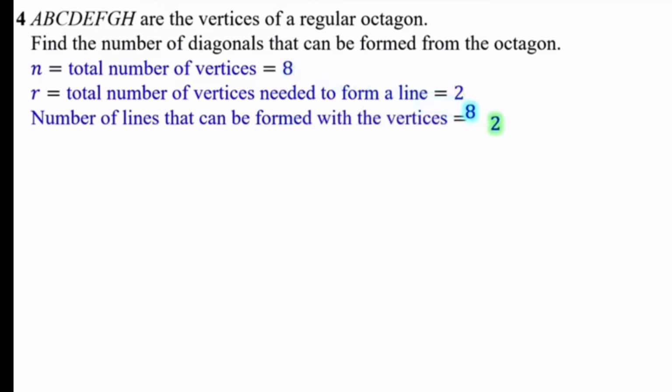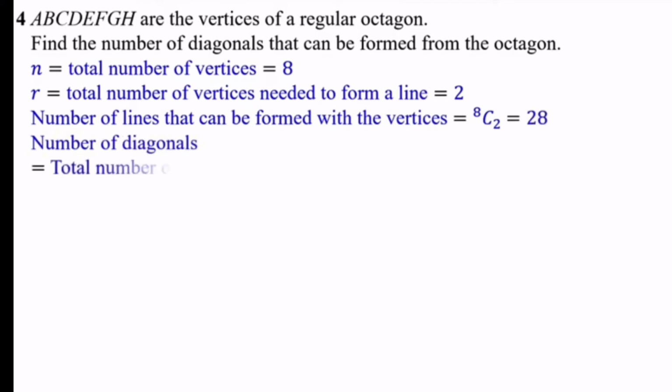So the number of ways to form the lines is 8C2, but not all the lines formed are actually diagonals, isn't it? It can be the edges of the octagon. So even though the number of lines is equal to 28, we still need to be sure that the number of diagonals is not inclusive of the edges of the octagon.